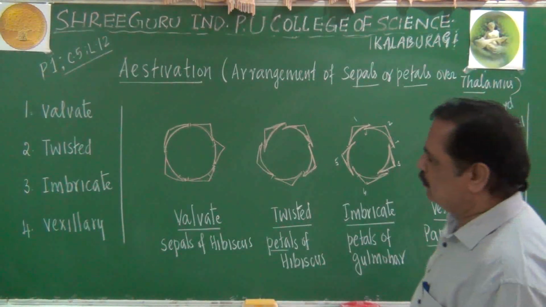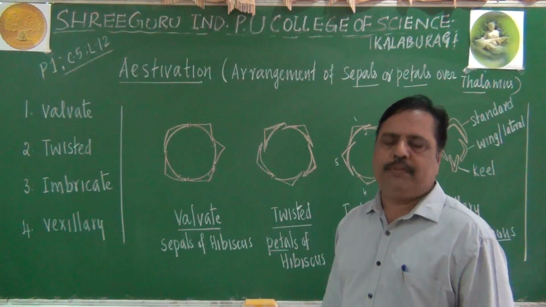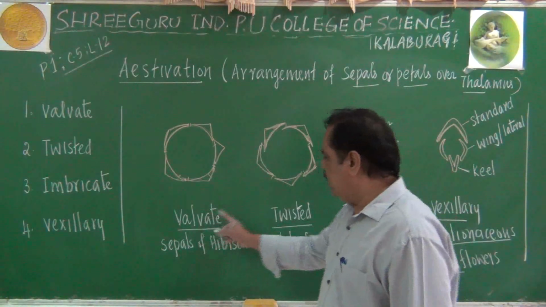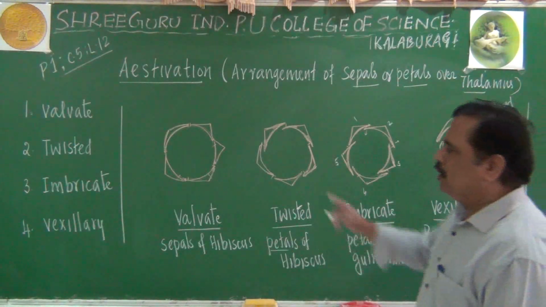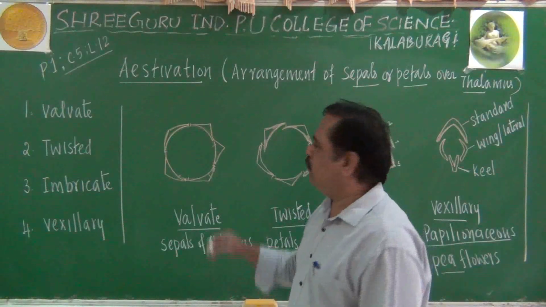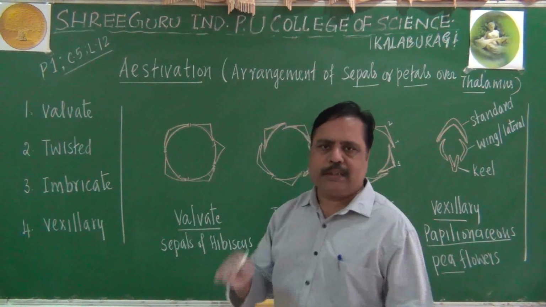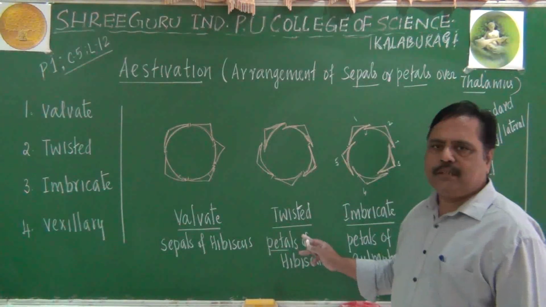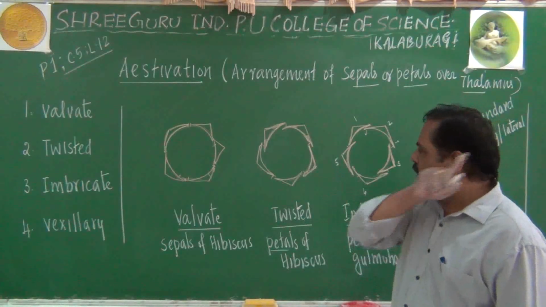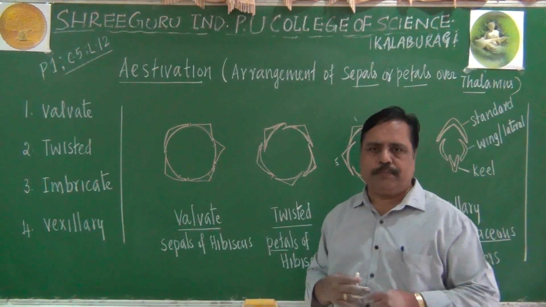Dear students, remember I told you about 4 types of aestivation. Valvate aestivation, twisted, imbricate, vexillary. In valvate aestivation, the margins of the sepal or petal will be simply touching each other. In twisted aestivation, the margins of the petals or sepals will be overlapping each other.